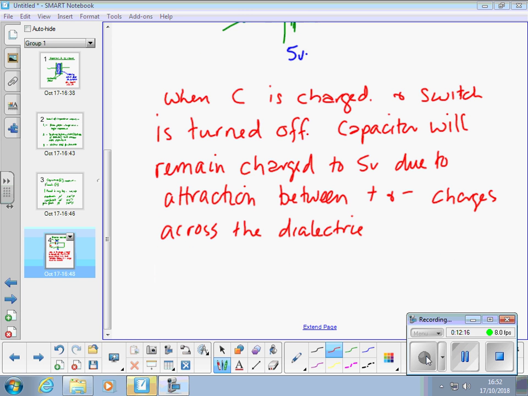We remain charged to 5 volts due to the attraction between the plus and minus charges across the dielectric.